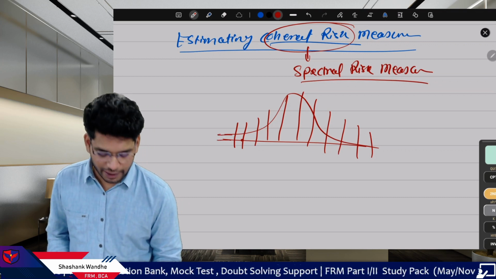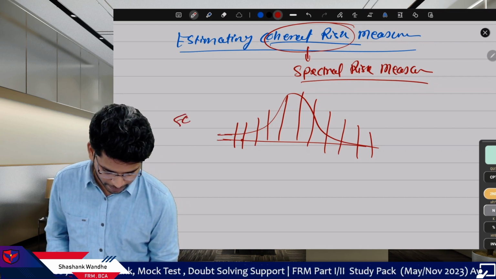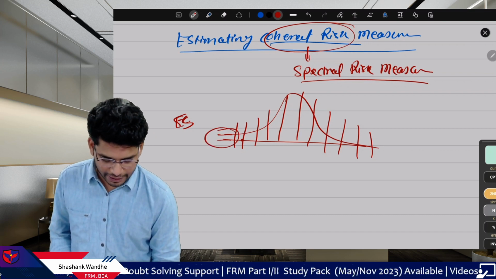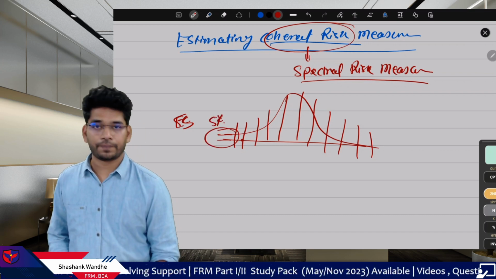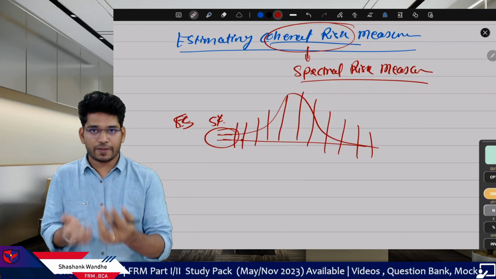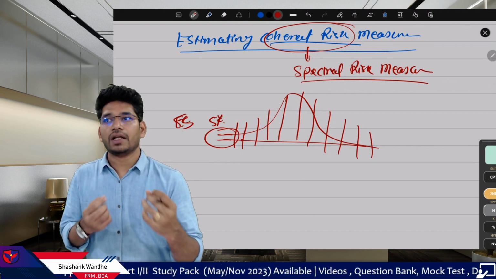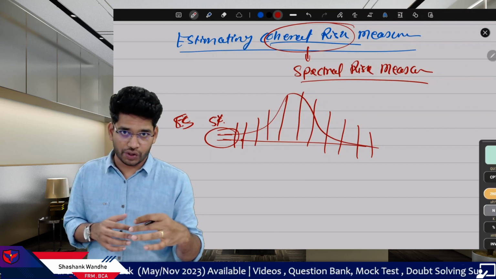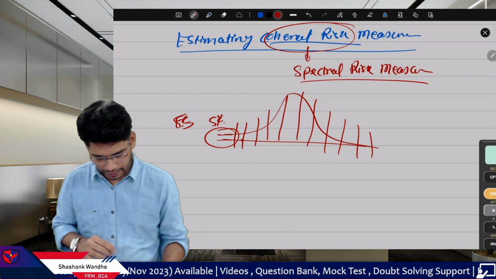If you are calculating the expected shortfall, and this is say a 5% spectrum, then the average value of this 5% spectrum is the expected shortfall, right? Simple. So expected shortfall is also a spectral risk measure or a coherent risk measure. Okay, so you have to remember this.